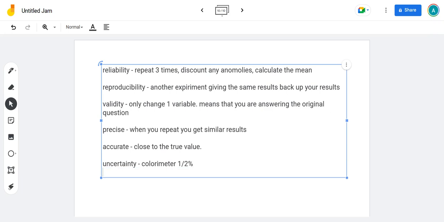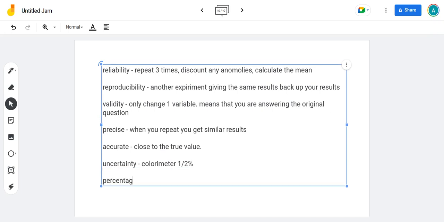And the very last one is percentage error. You can work out percentage error of any single result by doing the uncertainty divided by your reading.